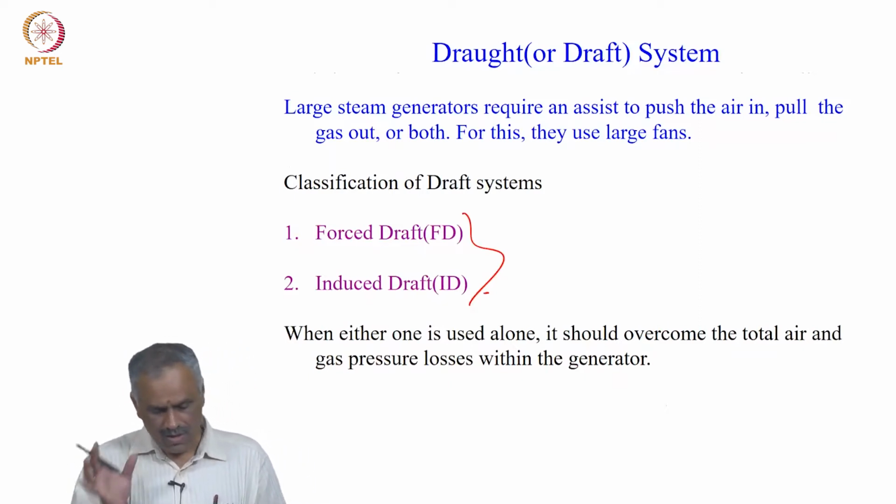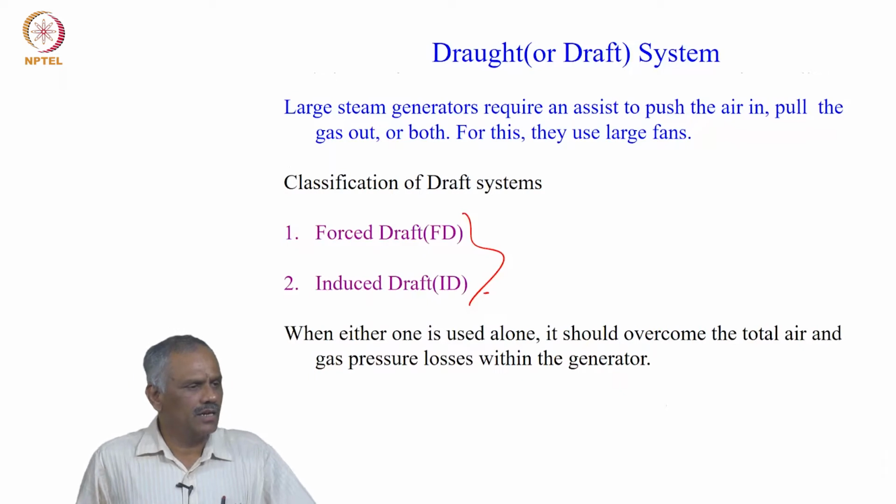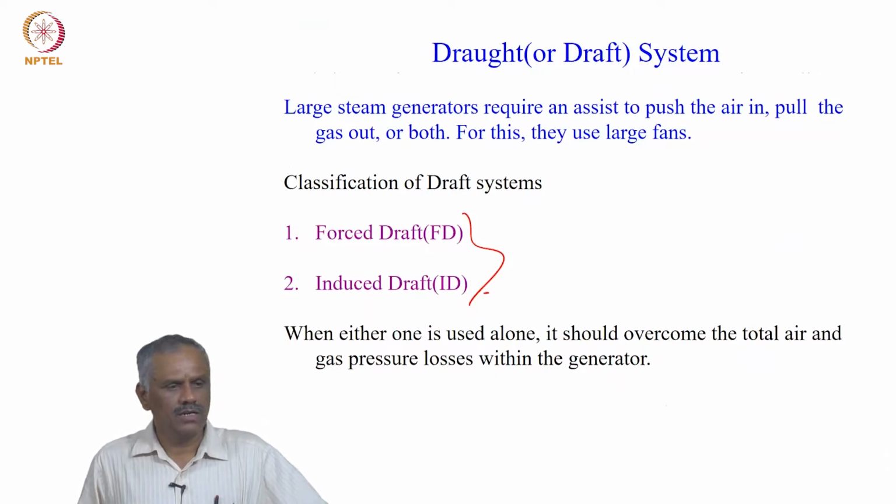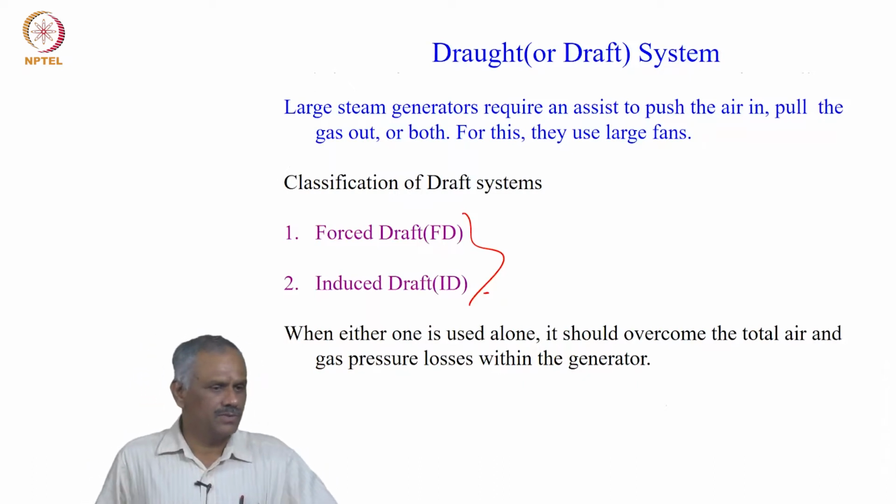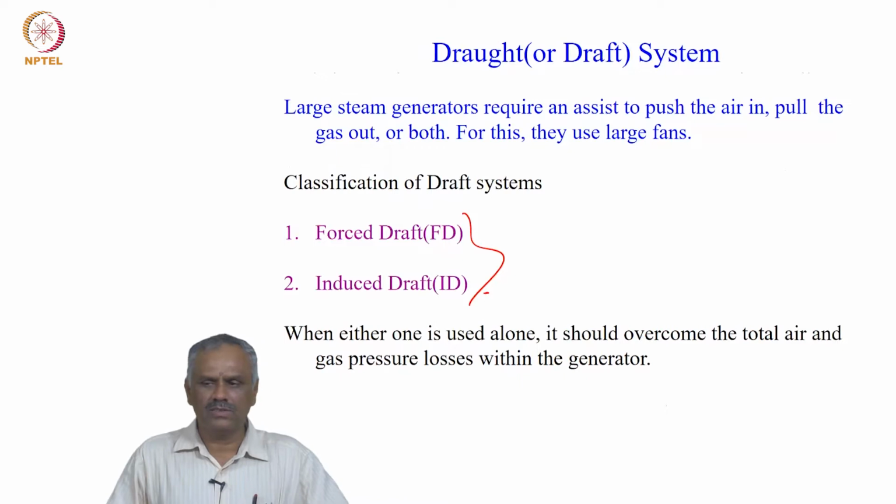Now, in the IC engine case, you have already seen these cars; they are called naturally aspirated engines, and what is the other one?